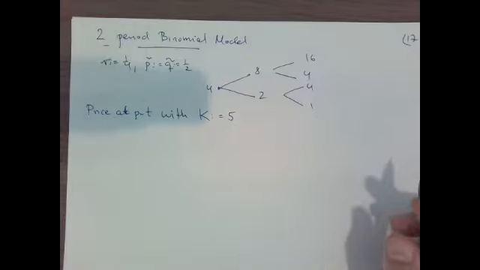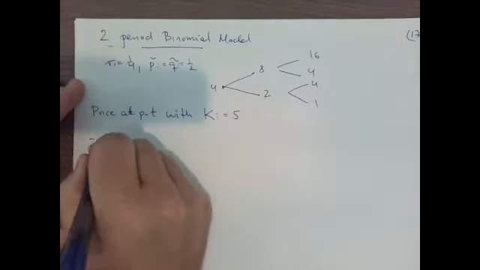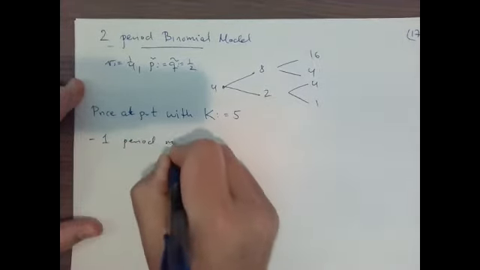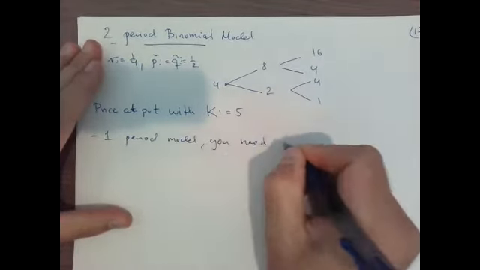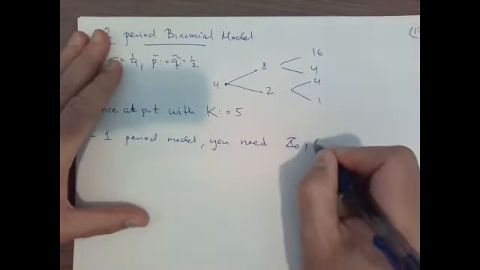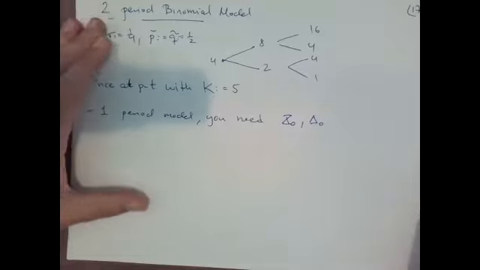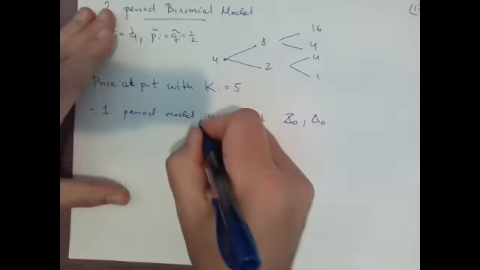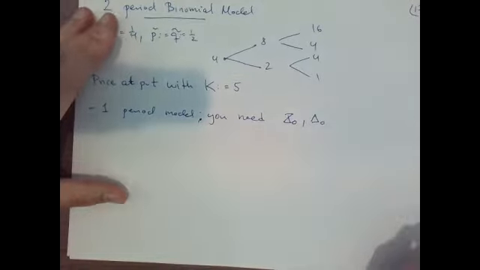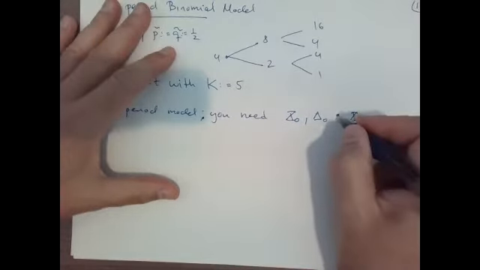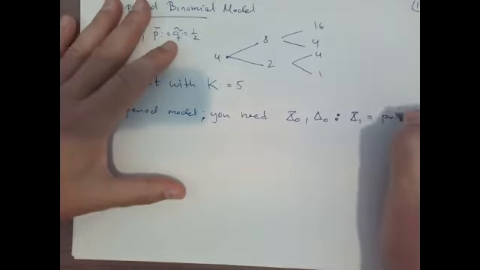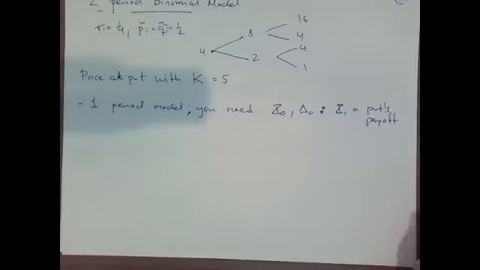So what we need to do is, in a one-period model, you need the initial wealth and you need the stock holdings, such that at time 1, your wealth is equal to the put's payoff. That's the one that we've been doing in the beginning of the course.